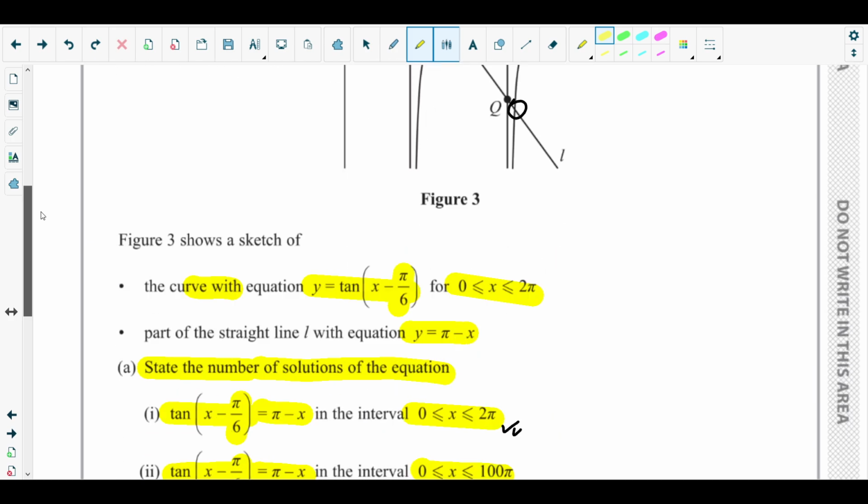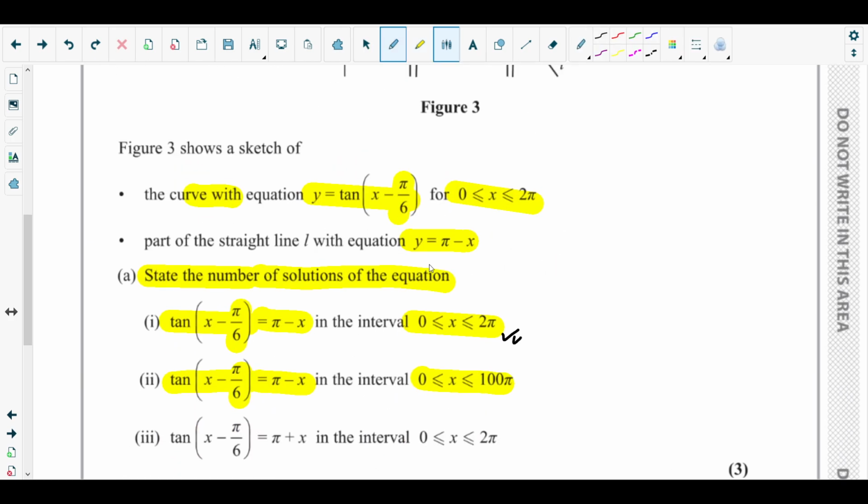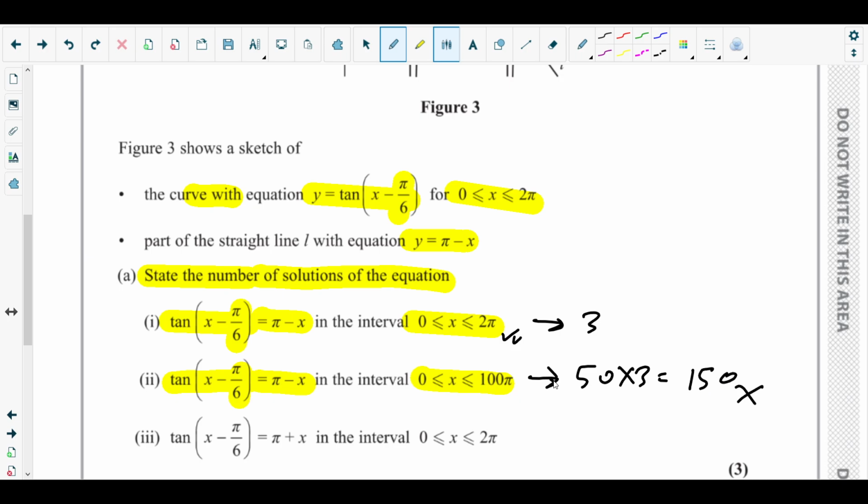Since from 0 to 2 pi there are three solutions, from 0 to 100 pi how many periods are there? From 0 to 2 pi there is 1 period, so from 0 to 100 pi there will be 50 periods. So for 50 periods the total number of solutions would be 150? No, this process is incorrect, because there's a problem with the straight line.